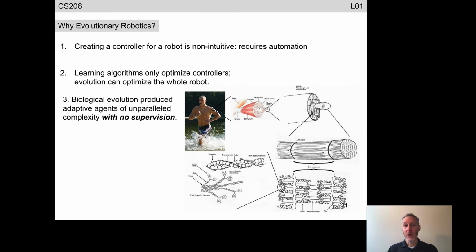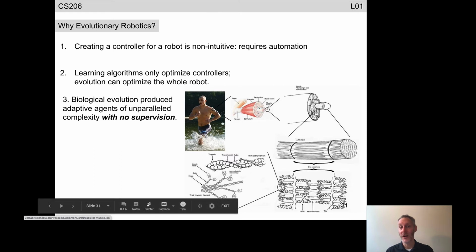Third reason why we might want to evolve robots rather than allow them just to learn is that we have an existence proof of a mechanism that is able to produce fantastically complex and adaptive machines. And she is Mother Nature. So biological evolution was able to autonomously, through Darwinian selection, produce autonomous agents that operate on their own.